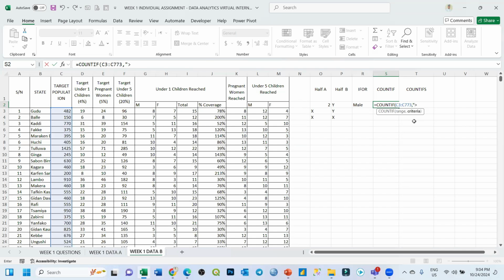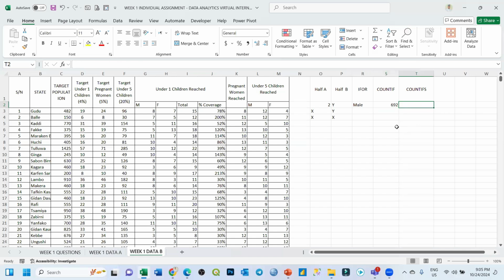Because of this greater sign, we need to put it inside double quote. Then we close the double quote and we close our bracket. So by default now, when we press enter, it will count how many states have more than 300 target for us. So let's press enter. It gives us 692 states. They are the states with what? With more than 300 target population.